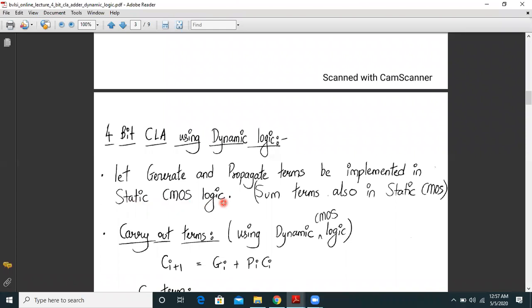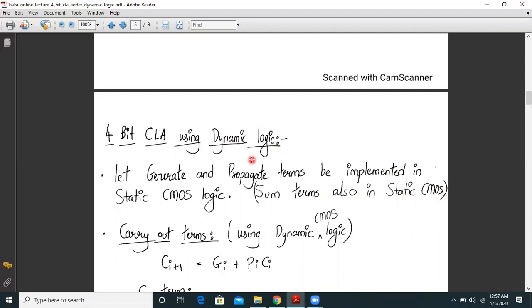Generally, it's preferable to implement generate and the propagate terms in static CMOS logic. The sum terms may or may not be implemented in static CMOS. It depends upon the designer. Since it is a dynamic logic, we have a choice of implementing it in dynamic logic, or we can also implement it in static CMOS logic.